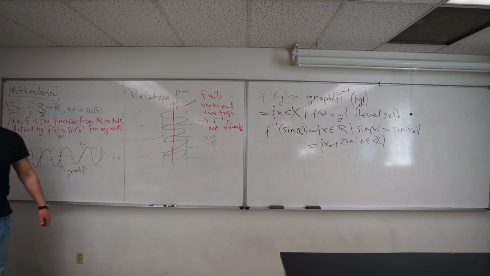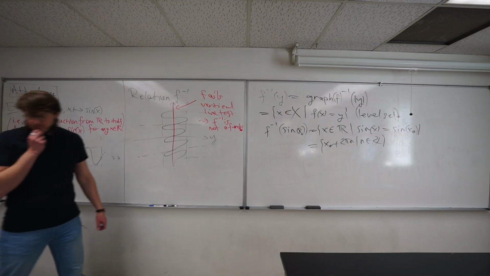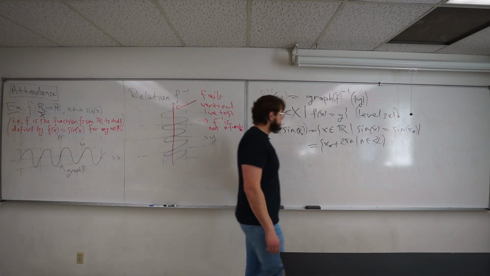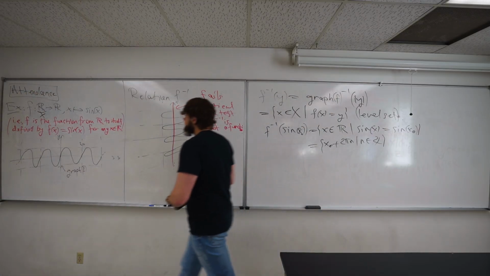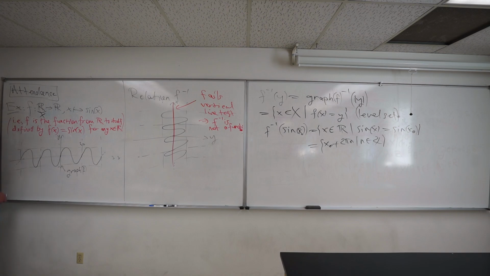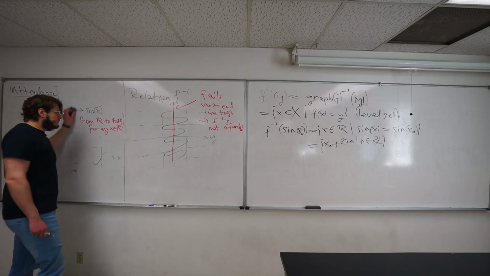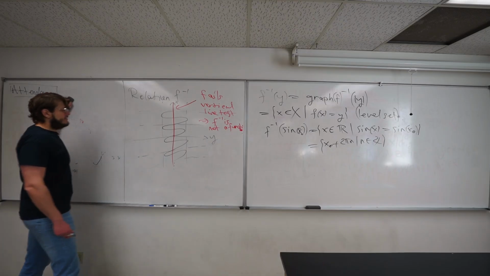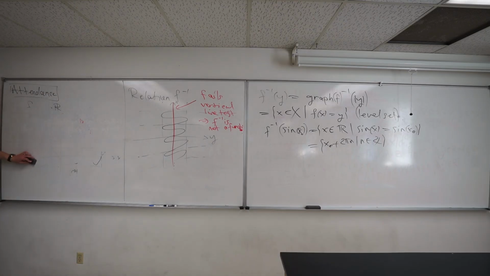Okay. Now I want to talk a little bit about this mathematical induction business. This is the fourth method of proof that we're going to use. It looks slightly different than the other three that we discussed.